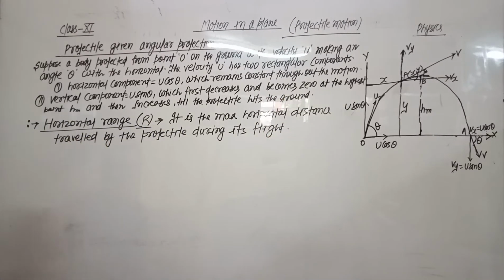So range, horizontal range, is the maximum horizontal distance traveled by the projectile during its flight.